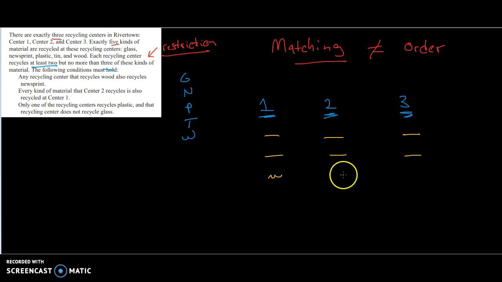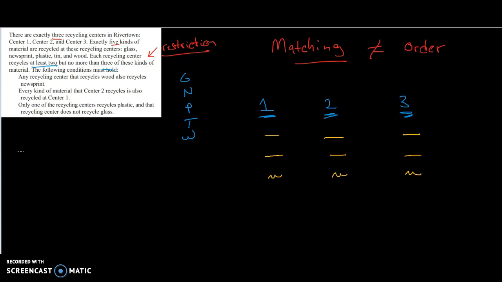I do a little squiggly line, something like that, where it's indicating I don't have to put something here, but it's available if I need it. You do you. Whatever makes sense to you, but you just want to flag the fact that we've got an additional slot, but it's optional. All right? So this is my initial setup here. 3 centers, max 3, but minimum 2 slots. Here are our entities. Let's look at our rules.